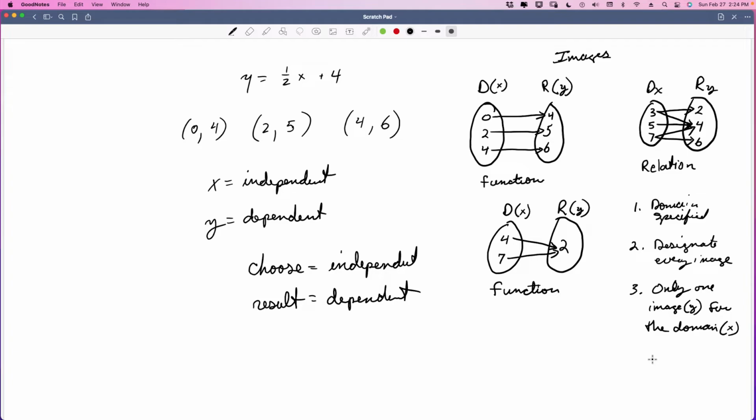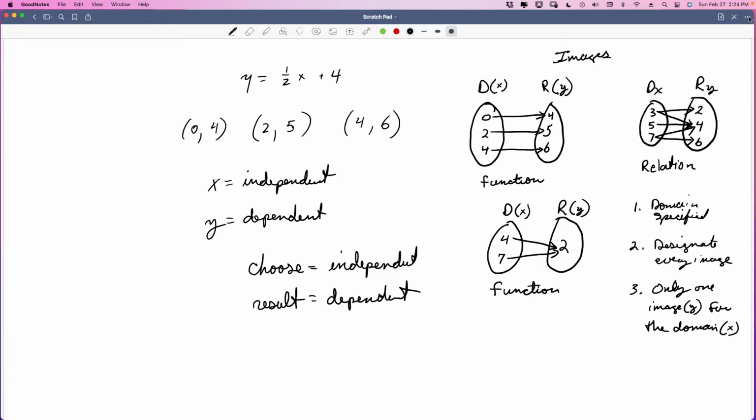Okay? So that's how we can tell the difference between a function or a relation. And a relation, think parabola, circle, anything that's not a function that can be proven by the straight line test, that's going to be a relation.